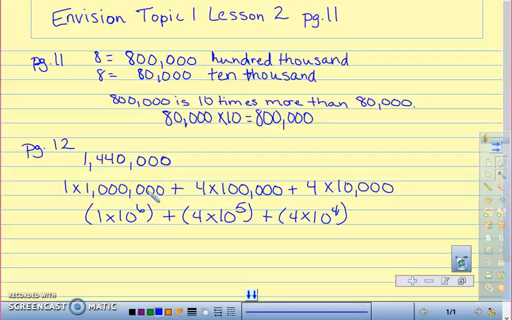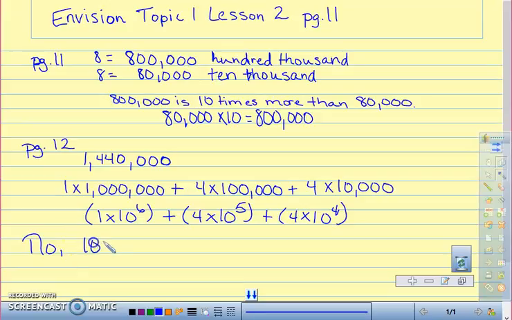If you look down at the convince me question, it says, is the value of the 1 in 1,440,000 10 times as great as the value of the 4 in the 100,000s place? So let's look at that for a minute. Is this 10 times greater than this? The answer would be no, and that is because we have 400,000.